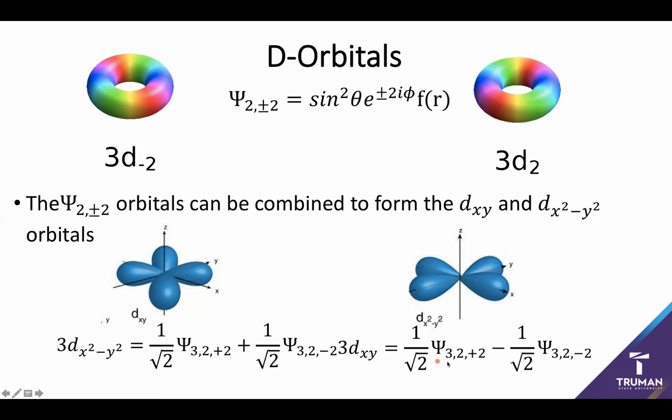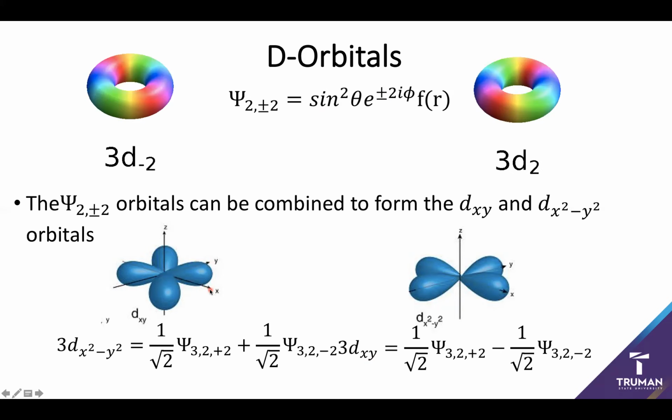Conversely, if I subtract my two wave functions, this gives me my xy orbital, which again, just like we saw with the dxz and dyz, essentially splits the relevant axes. So if I have dxy, it means I'm bisecting the x and y axes, because this is essentially where I have the cancellation of wave functions.